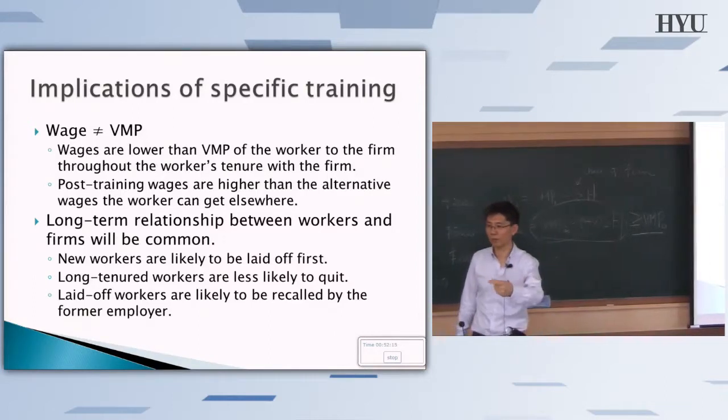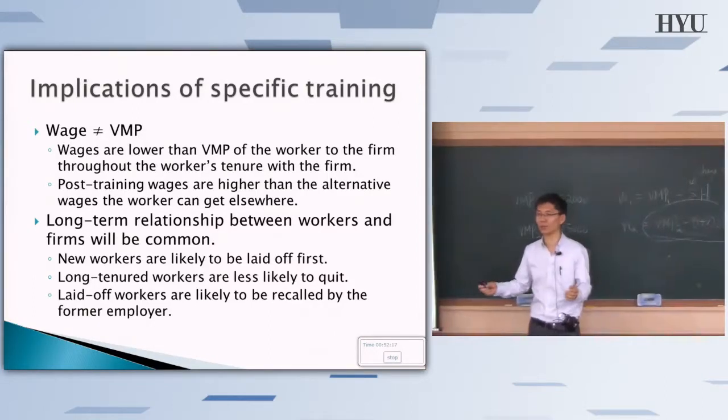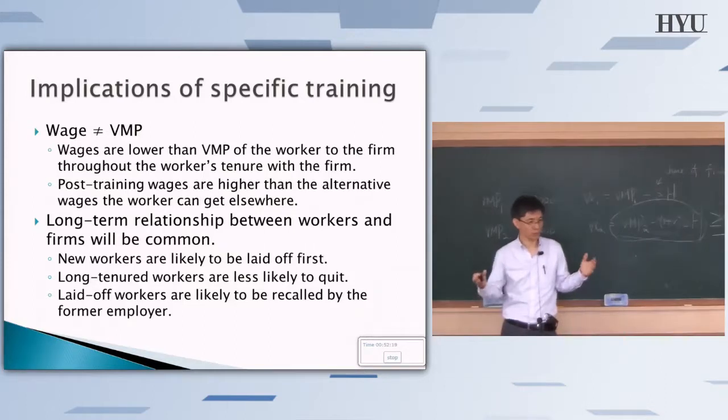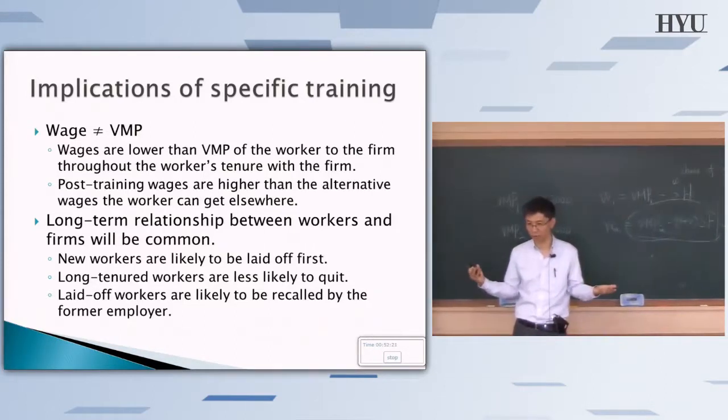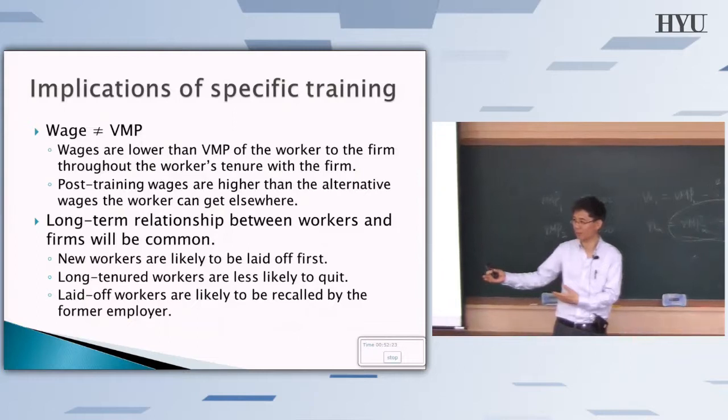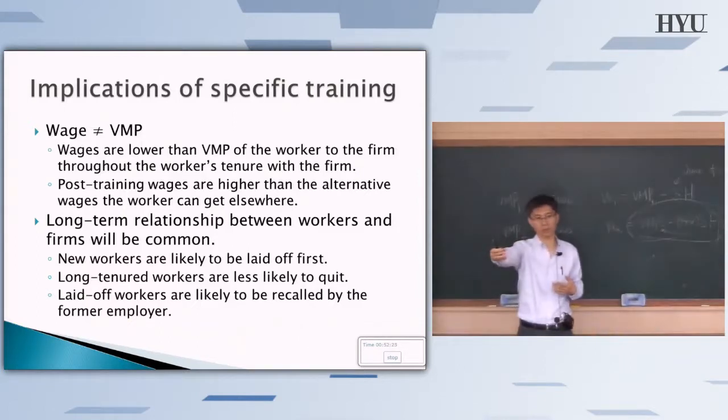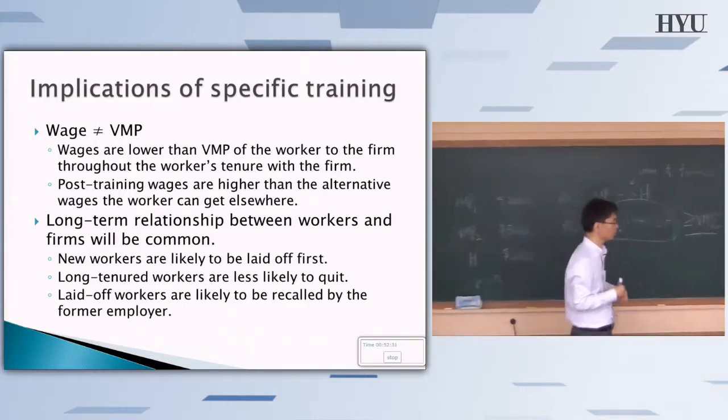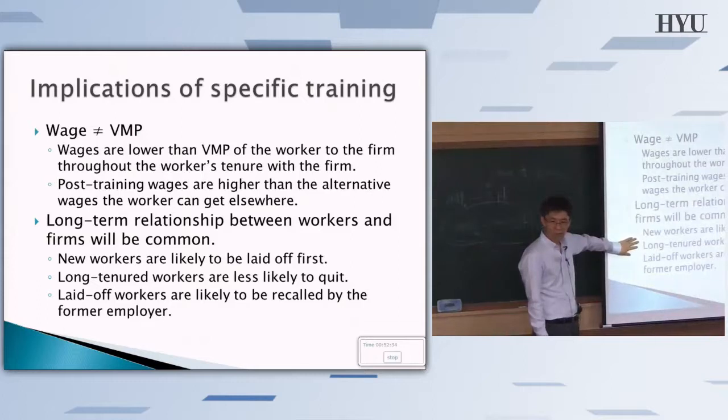Let's say you worked for this company for a long period, so you have lots of knowledge about this firm. So your value is much higher in this firm than in any other firm. If you go to another firm, you will not be paid as much as by the current employer. So long-tenured workers have a much weaker incentive to quit this job.